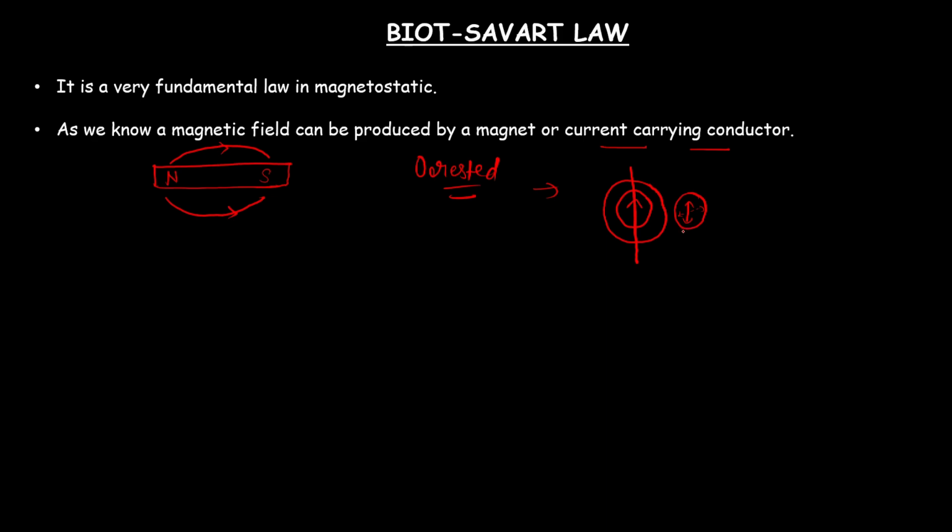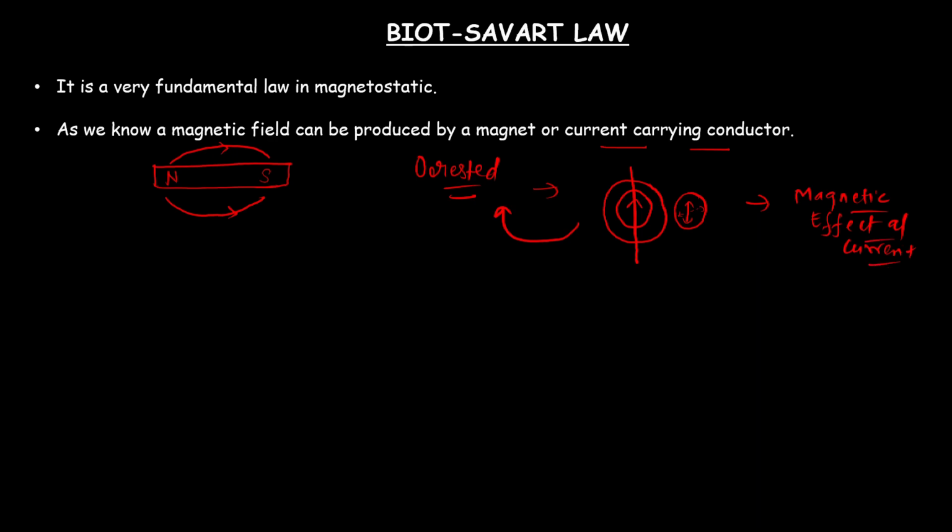It means that there is a magnetic field near the current carrying conductor, and this was the experiment performed by Oersted. Since this magnetic field is produced by a current, this effect is known as the magnetic effect of current.